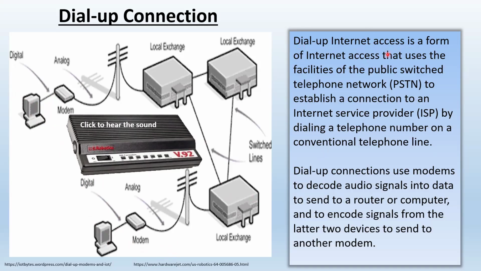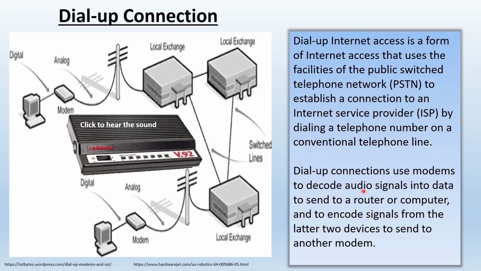Dial-up internet access is a form of internet access that uses the facilities of a public switched telephone network, what it uses telephone service, to establish a connection to an internet service provider by dialing the telephone number on a conventional telephone line. Dial-up connections use modems to decode the audio signals.